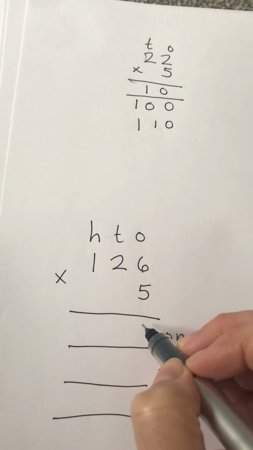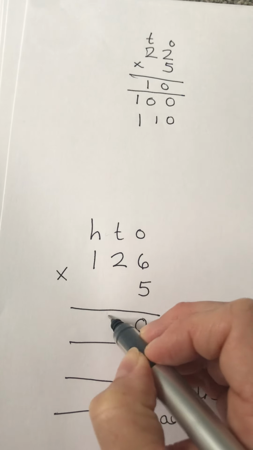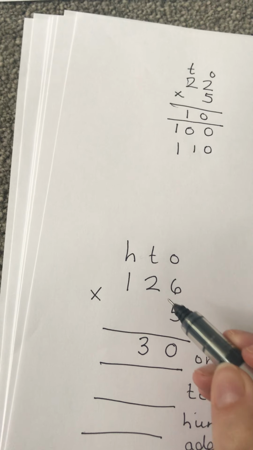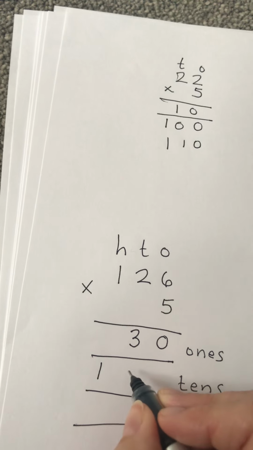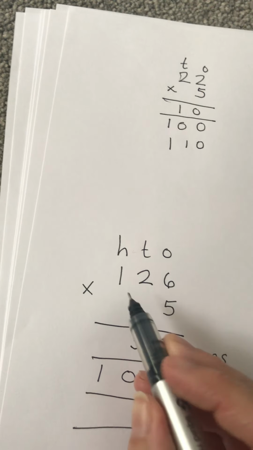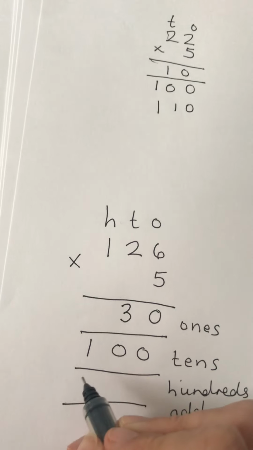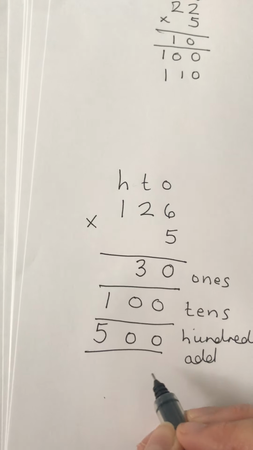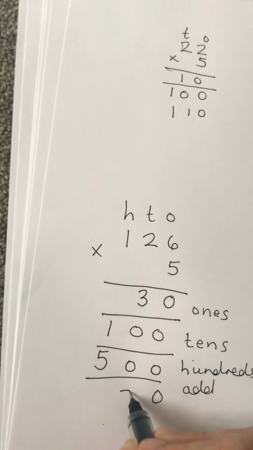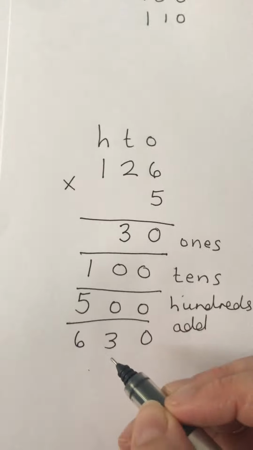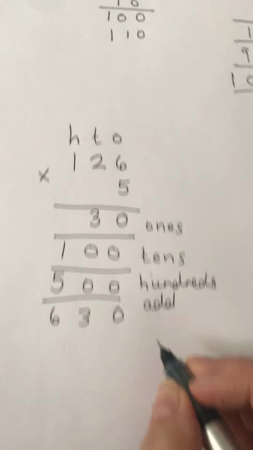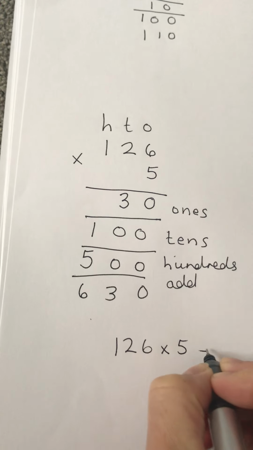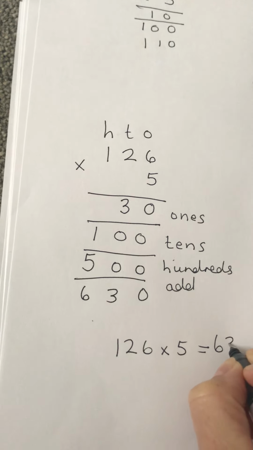The next, another 5 makes 30, keeping them in the right columns. 2 times 5 is 10, but this is 20 times 5, so that's 100. And then 100 times 5 is 500. Then I'm going to add it together, and the total is 630. So 126 times 5 equals 630.